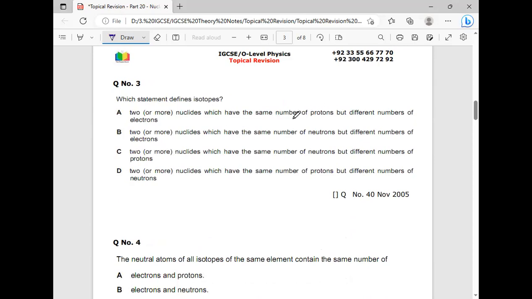Two nuclei having the same number of protons but different number of electrons. So the electrons option is omitted at all. Same number of neutrons is not possible. So now which option is correct? Option D is the correct answer.